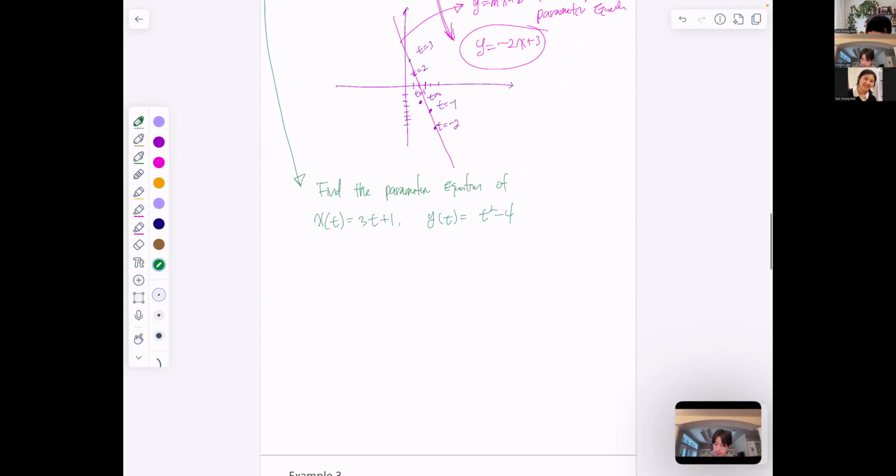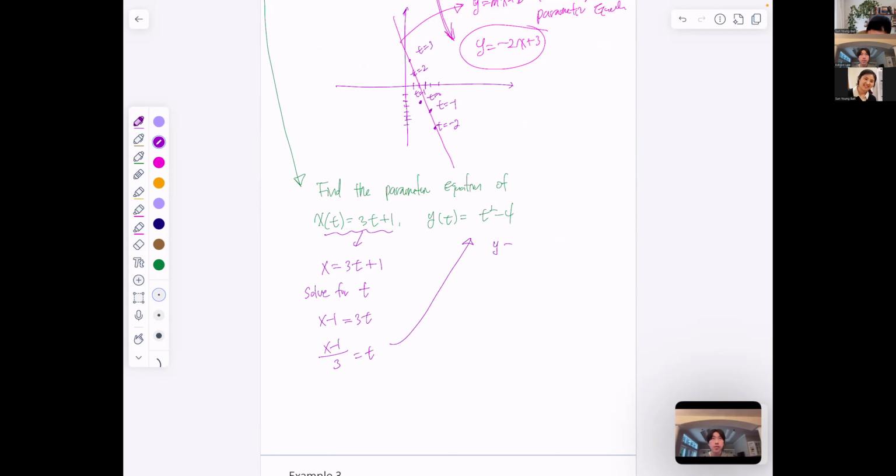So what are you guys going to do? As I mentioned, consider this equation x equal to 3t plus 1 and solve for t. So what happened? X minus 1 equal to 3t. X minus 1 divided by 3, that's going to be t. Please substitute in here into the y function.